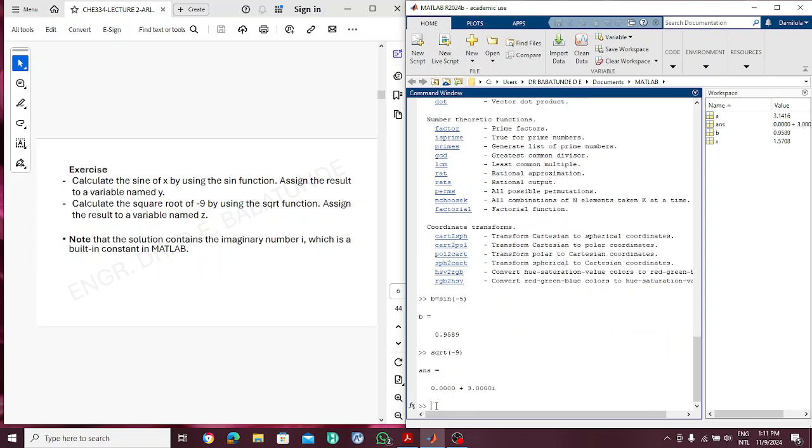We notice that the real part is 0 and the imaginary part that is returned to us has i, and i, like we have said earlier, is a representation of the imaginary number which has a value of root -1. So it's a built-in constant in MATLAB.